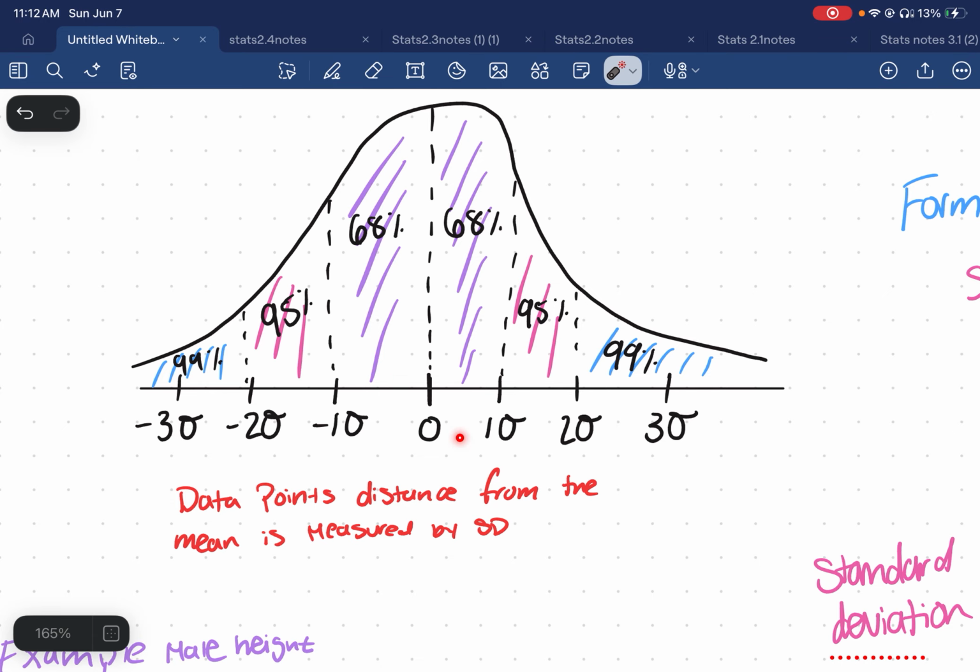So we have the mean, which is right here, and then from the one standard deviation to the left, and then one standard deviation to the right, 68% of all the data is within one standard deviation. And then 95% is within two standard deviations of the mean, and then 99% is within three standard deviations of the mean right here.